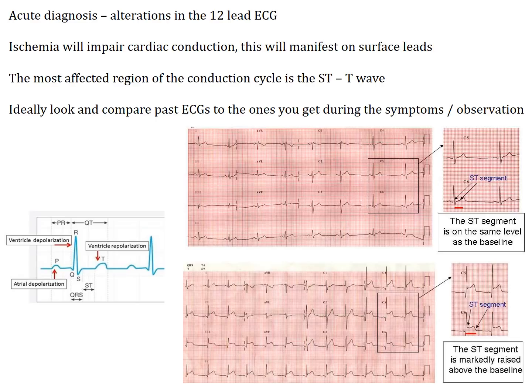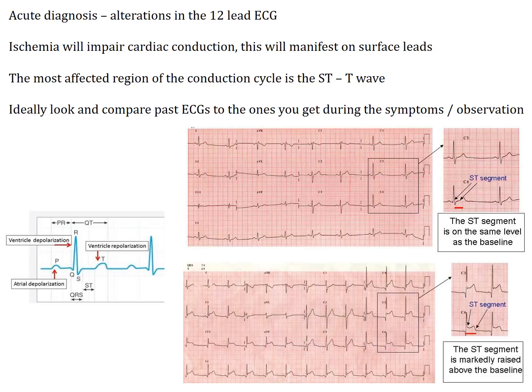We'll look at the EKG in a little more detail in Unit 2, but one area of the EKG that is most sensitive to ischemic injury is the ST segment, right? That's the segment between the QRS and the T wave. If you remember, the QRS is when the ventricle is contracting, systole, and the T wave is when the ventricle is relaxing, diastole.